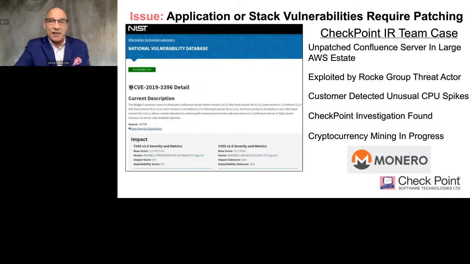And this is just another example of unpatched. This was an actual incident response team from Checkpoint that found that it was an unpatched configuration that resulted in the breach.